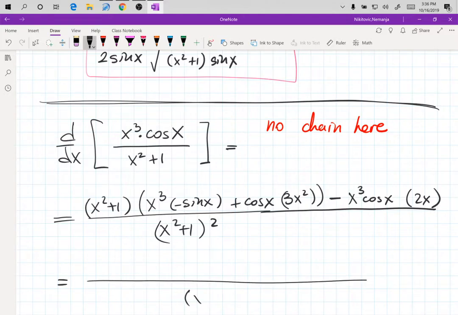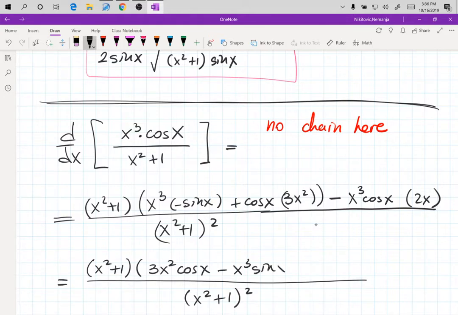Again, we're not bothering with the denominator because in chapter 4 it is going to die, so we don't care. We'll just fix as much as we can in the numerator. So we have our x squared plus 1, and then we have 3x squared cosine x minus x cubed sine x. I swapped the order so I can put the positive term first and then the negative.